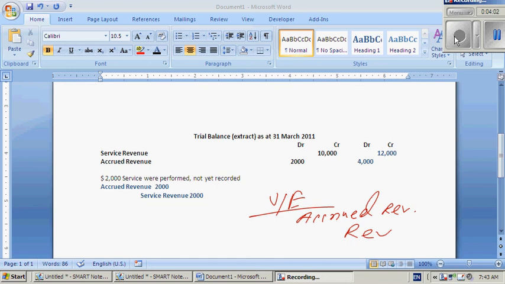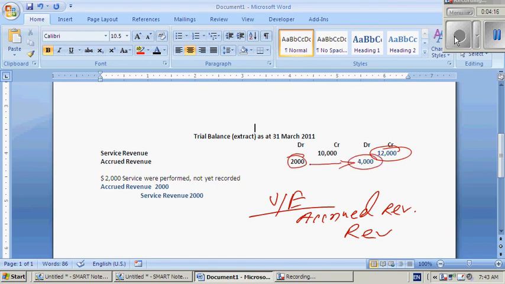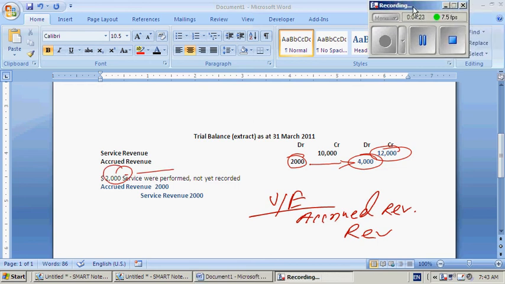So you just add it to your service revenue, which increased from 10,000 by 2,000. So 10,000 plus 2,000, you get 12,000, and your new accrued revenue is 2,000. So it increased to 4,000, as 2,000 is your new accrued revenue. So that's all. Thanks for watching my videos.